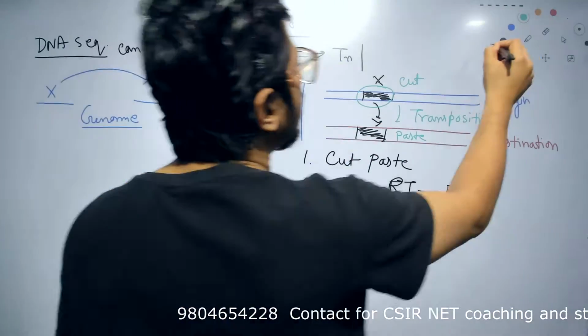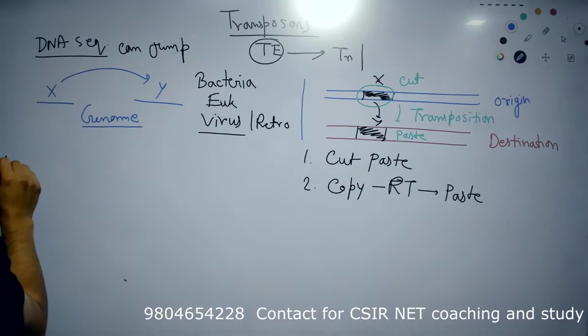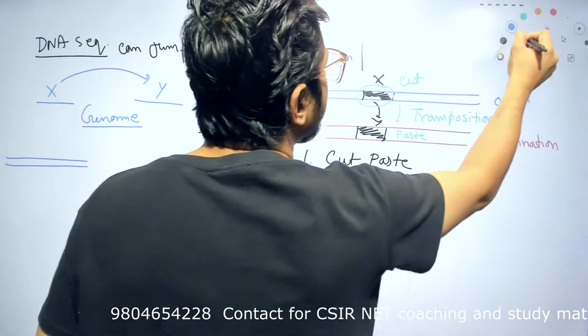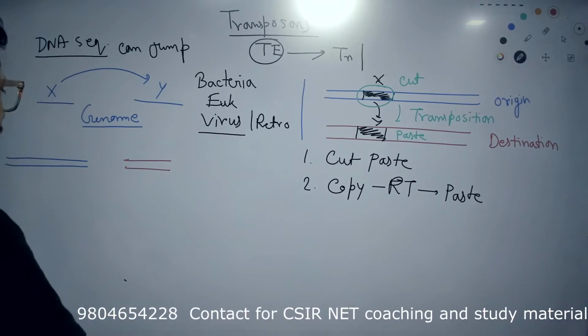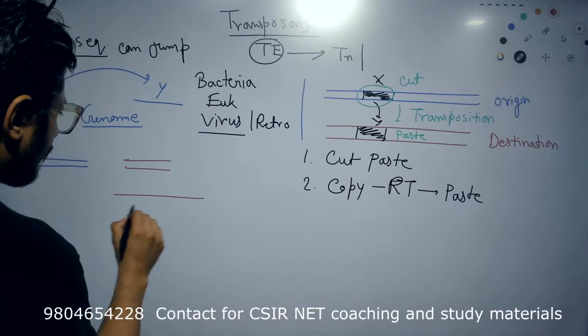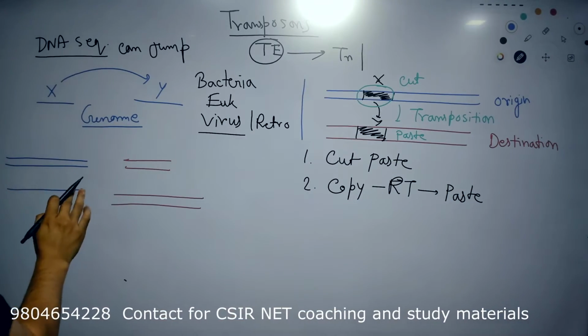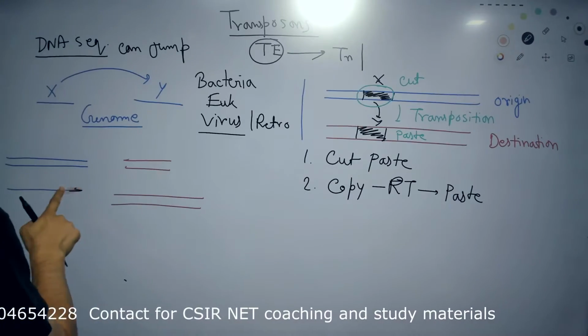So in cut-paste transposition, what would happen? Let me show you that idea as well. Let's say this is the starting DNA and this is the destination at the beginning. At the end, the length of the destination will increase, but the length of the existing one will be shortened. Sorry, just let me take the eraser.